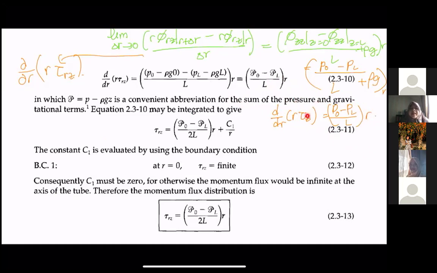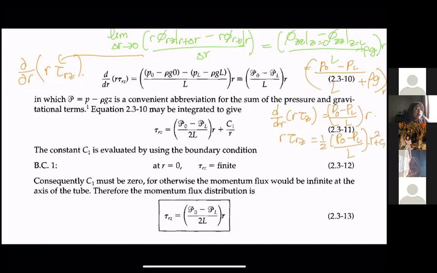Okay, and after that, the next step to get the profile is we have to do the integration. So if I calculate the integration, that would be r tau rz equal to half of P0 minus PL divided by L multiplied with R squared plus C1.